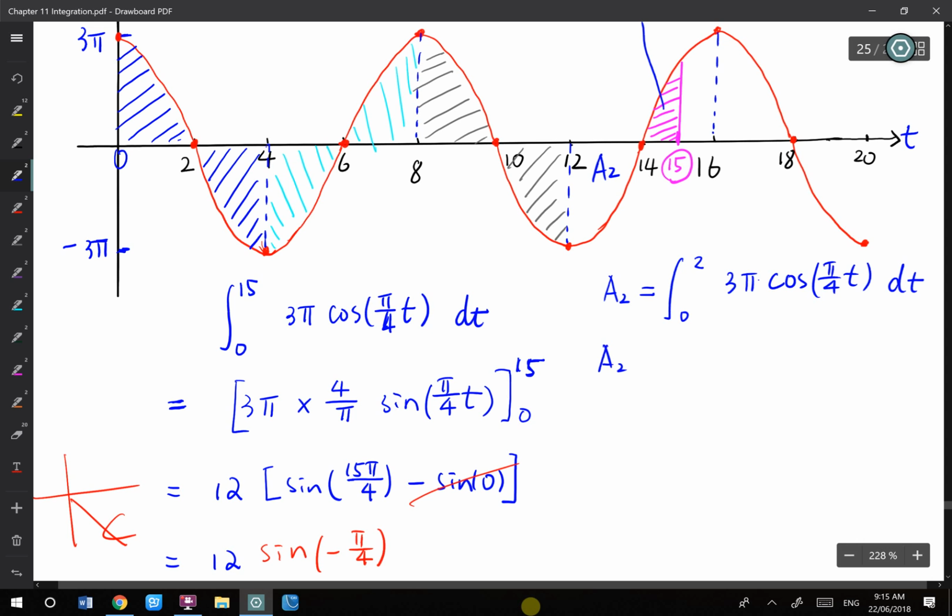So A2 will equal 12 sine pi over 4 t, and I substitute 0 to 2.